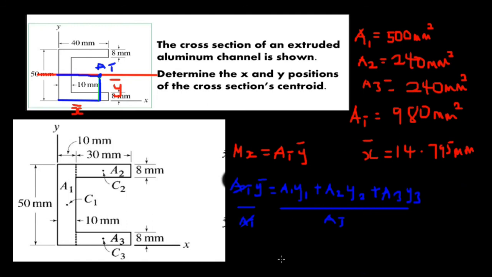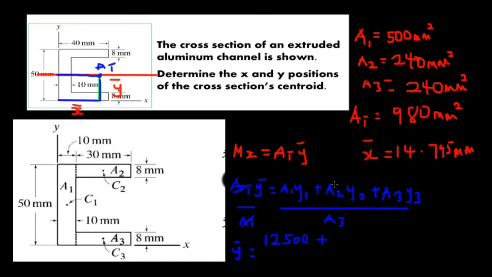That'll give me 12,500. So I have my y bar equal to 12,500, plus let's find y2 also.